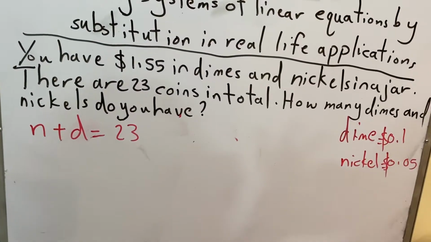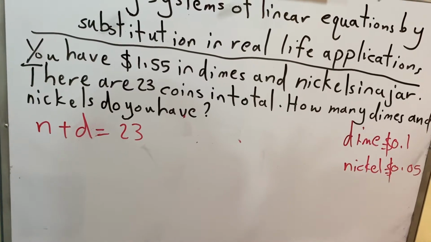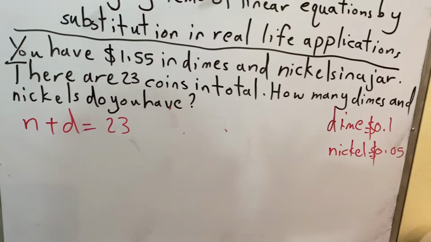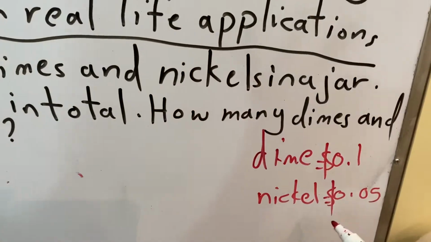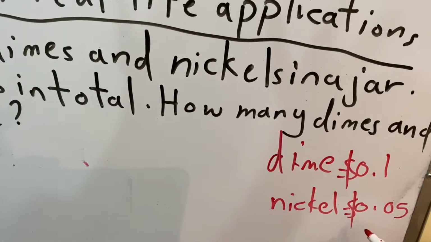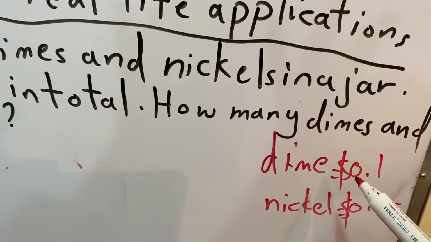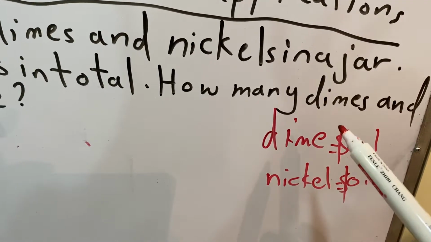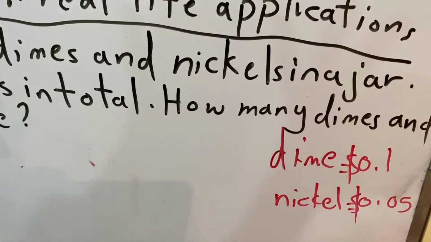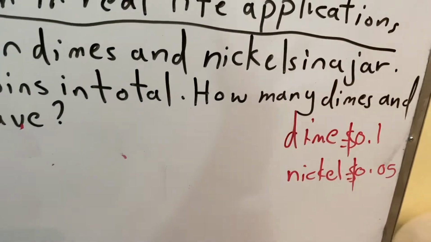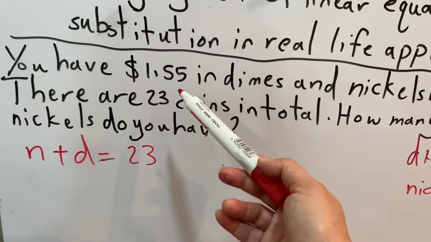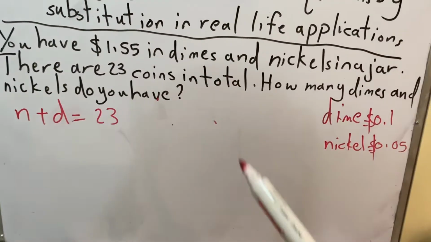Now the second equation, about the value of the money. We should know that nickels are $0.05 and dimes are $0.10, because a nickel is 5 cents and a dime is 10 cents. I need to write the equation in dollars because the total is $1.55, so I have to use the same units.